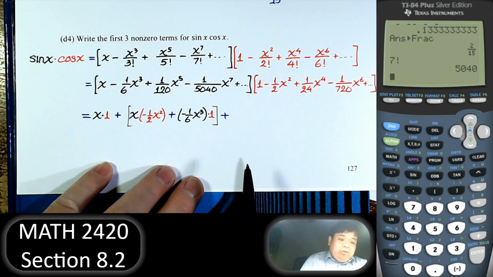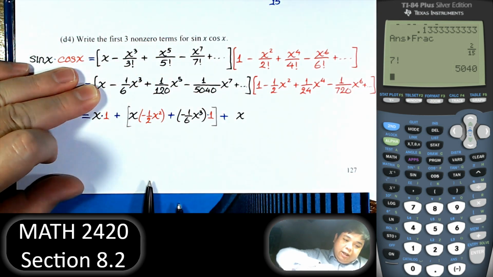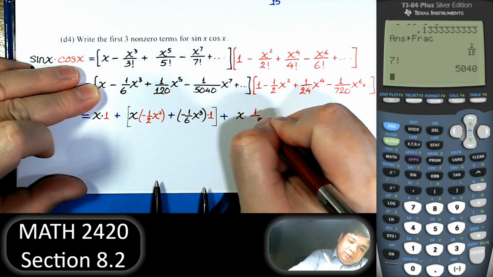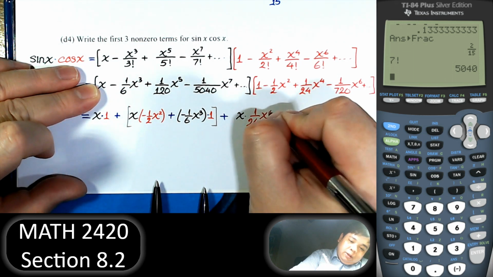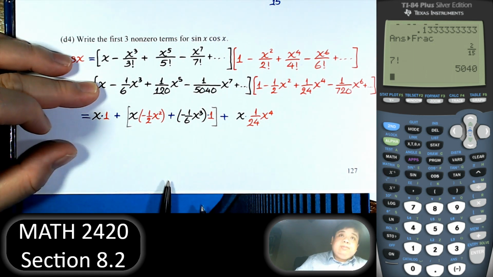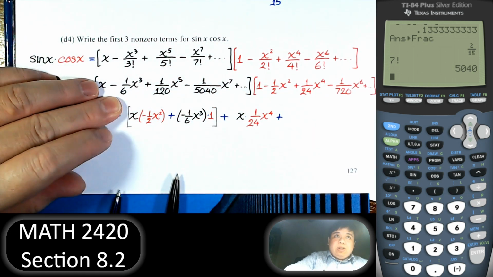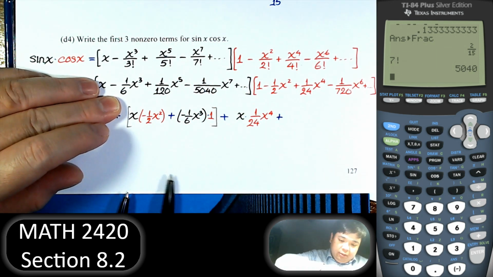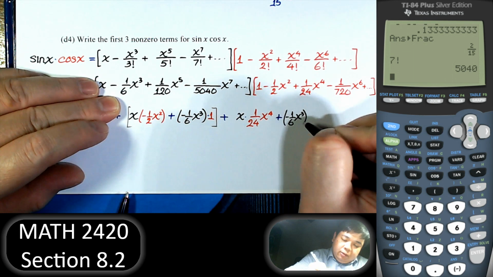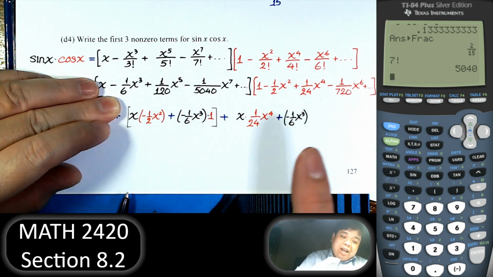How do we get x to the 5th? To get x to the 5th, we can start with this x and multiply by this guy. X to the 5th. And then if we have negative 1/6 x cubed, we can multiply by this negative 1/2 x squared to get x to the 5th.